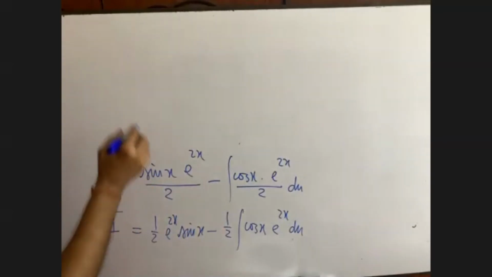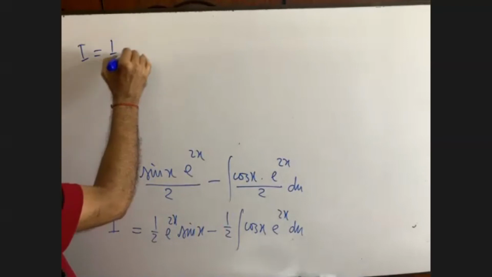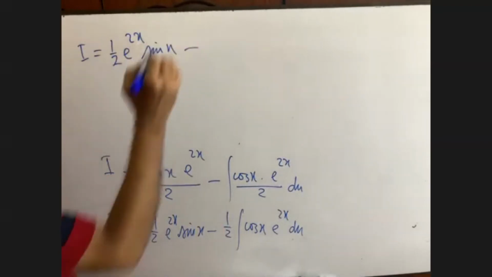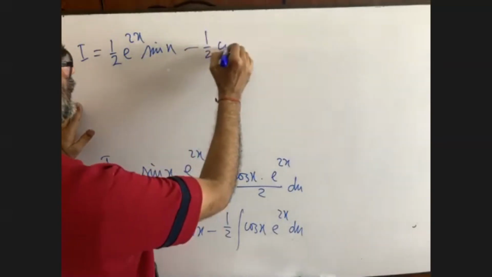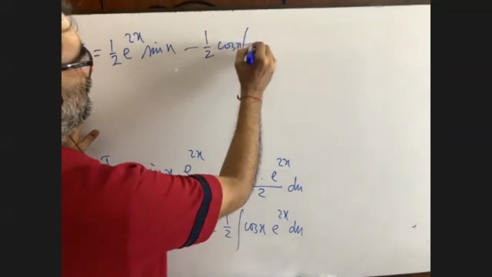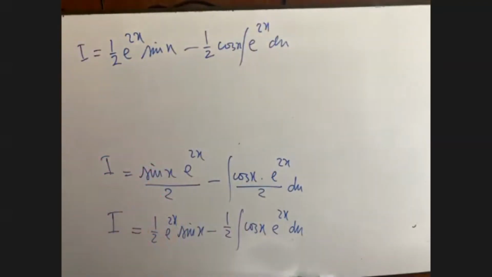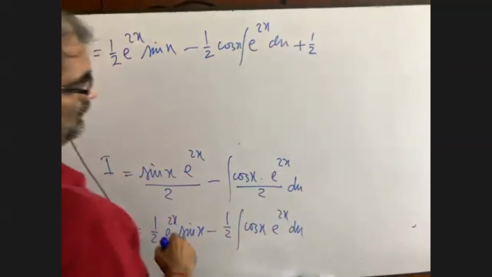Again, we are getting here I is equal to half e to the power 2x, then it is sin x, okay, minus half, you see it is cosine x, it is e to the power 2x dx. In the formula there is minus, and this minus will make plus at a time. It is half.